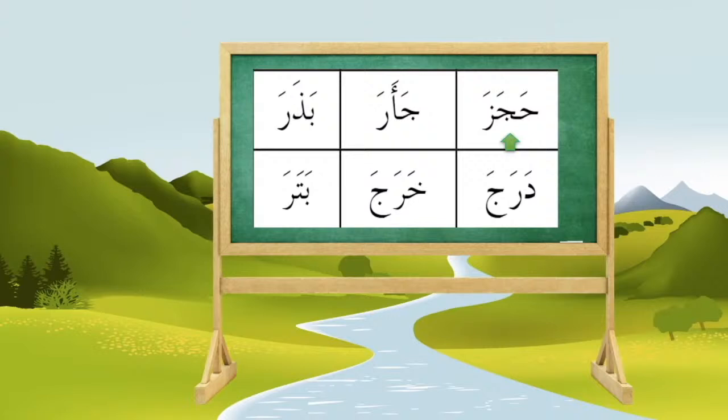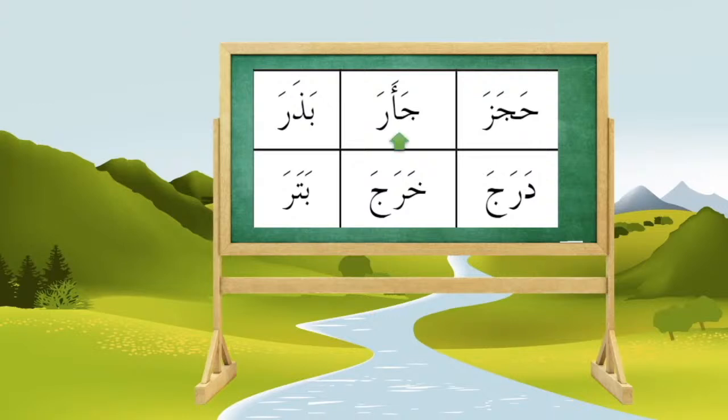Very good, mashallah. The way we read this word together: ha and then ja together, haja, and then we'll add that third letter, za, and blend all three letters together. Hajaza, hajaza. MashaAllah, very good.